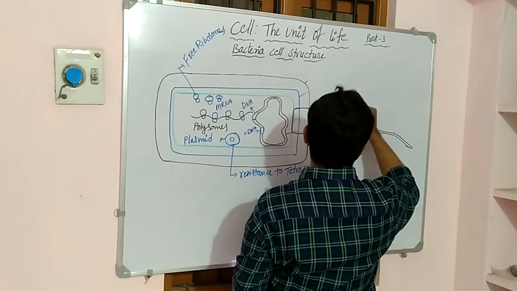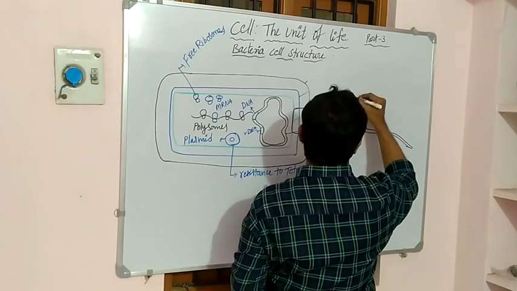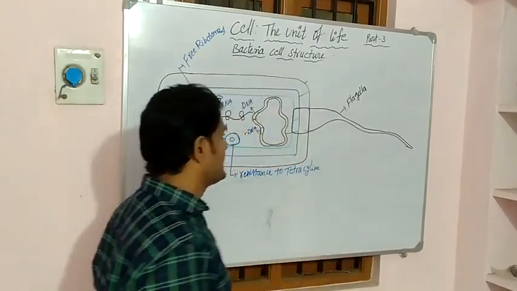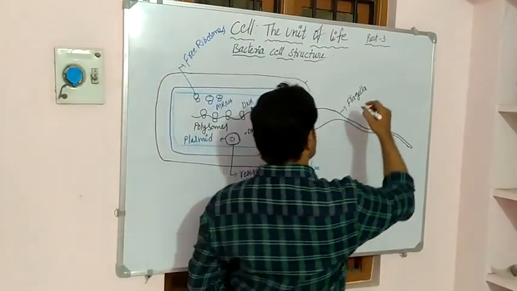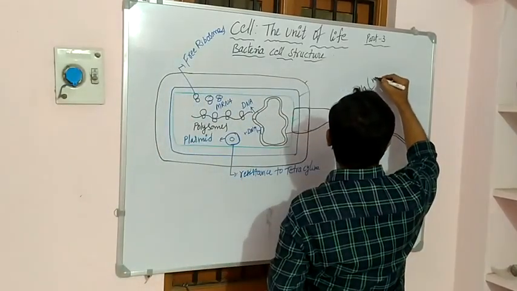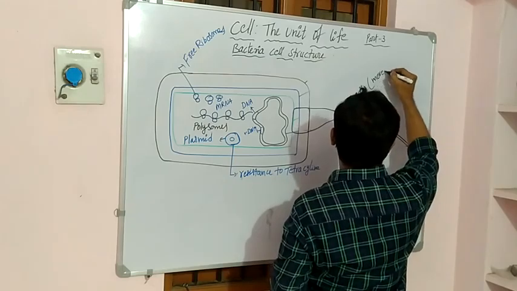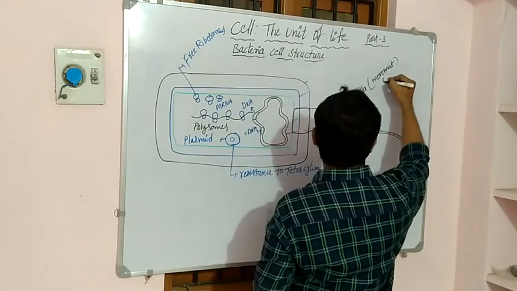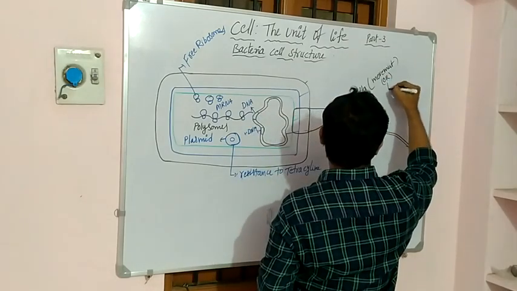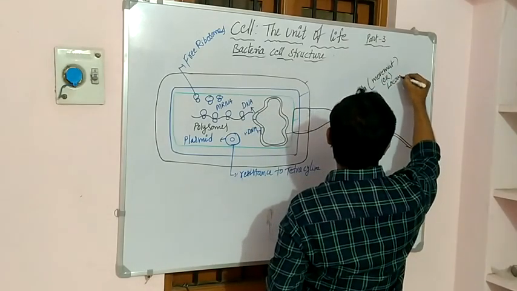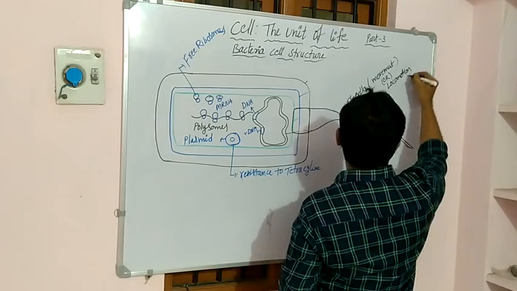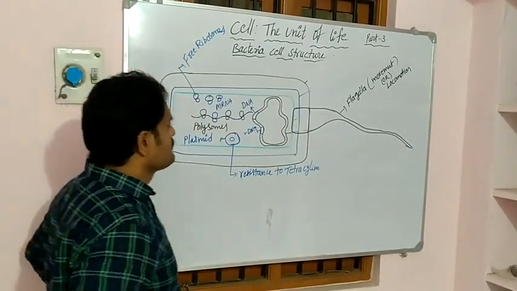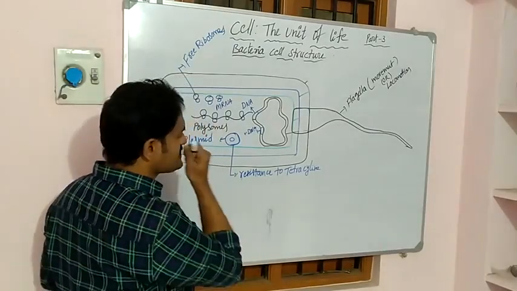So this structure is called flagella. It looks like a tail-like structure which is helpful for movement or locomotion of the bacteria cell.